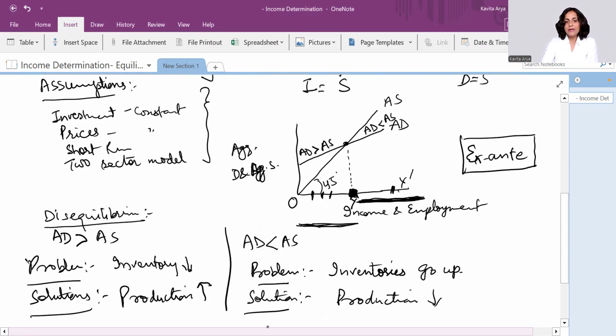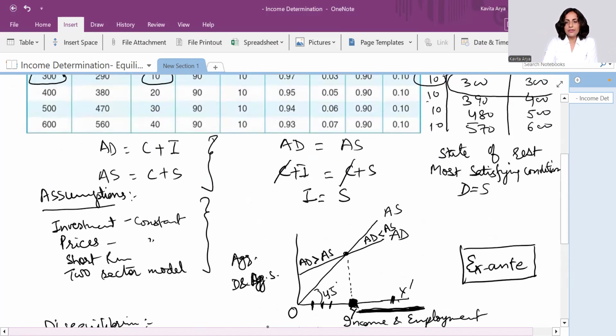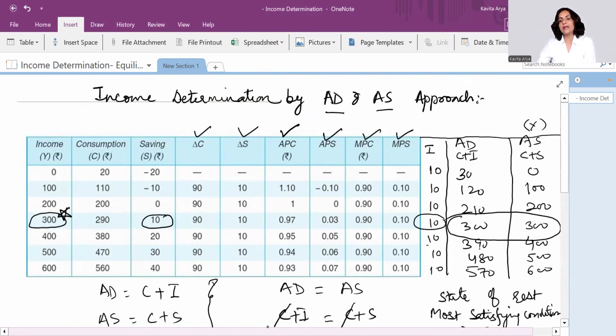So in this video lecture, we talked about what we mean by AD, AS, what the two approaches are, and how we explain the equilibrium through the AD and AS approach. As I stated once again, for this question, even if it is of 4 marks or 6 marks, it's not mandatory to create a table unless it is put up in the question.